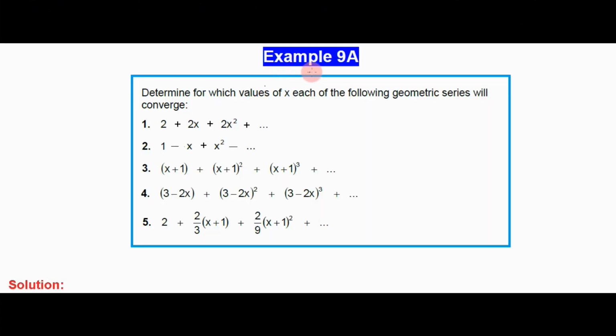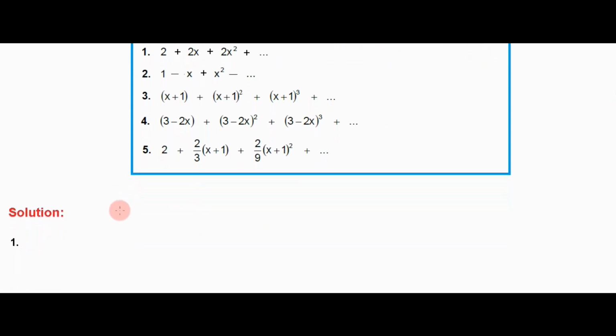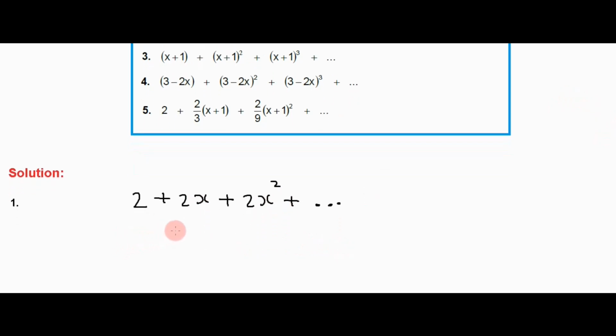So in example 9a here, we have to determine for which values of x each of the following geometric series will converge. And we are given these infinite series. So let's look at the first one. We have 2 plus 2x plus 2x squared and so forth. We start by finding r, the common ratio.